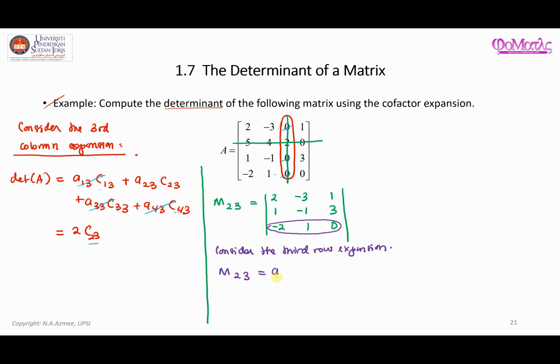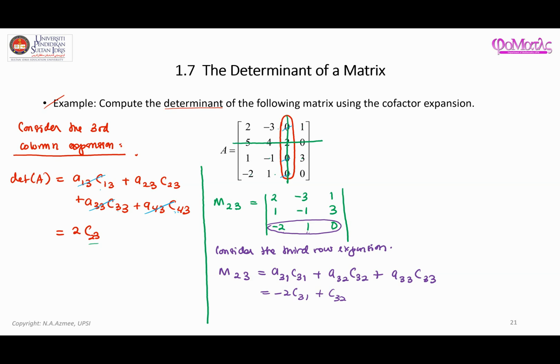This position is A31, so the cofactor related to that is C31. Next, plus A32 C32 plus A33 C33. That can be simplified as negative 2 C31 plus 1 times C32, and 0 times C33 is going to be 0.